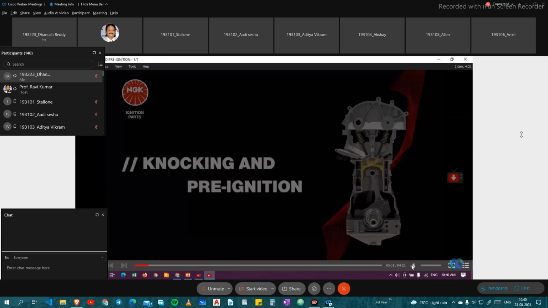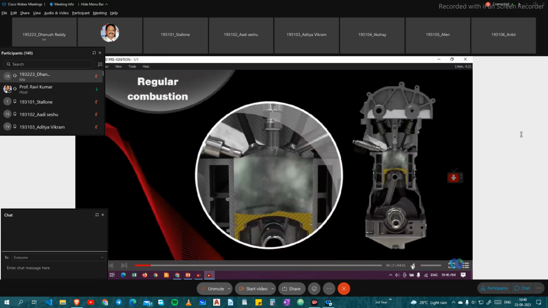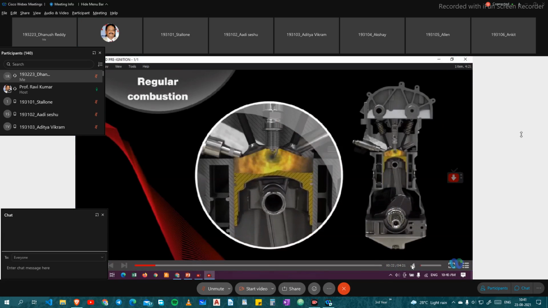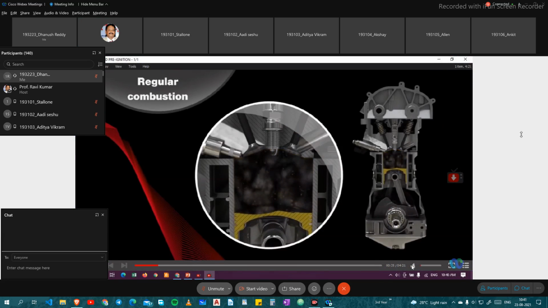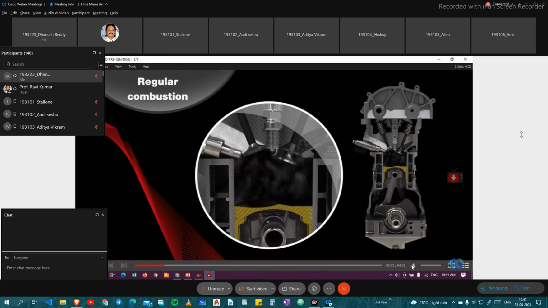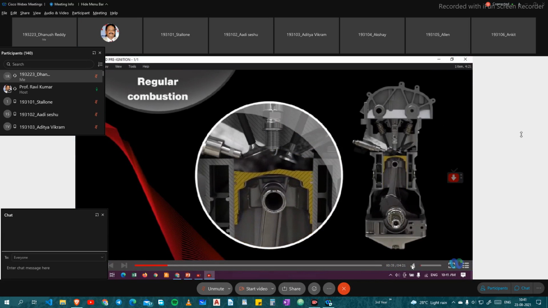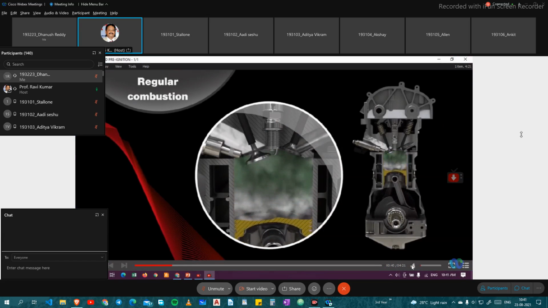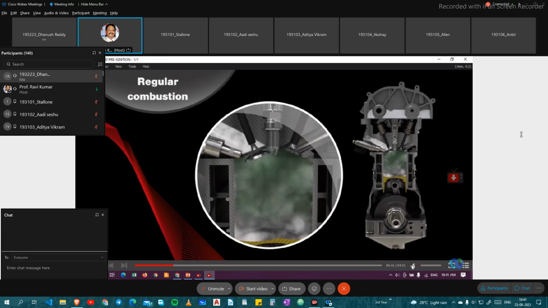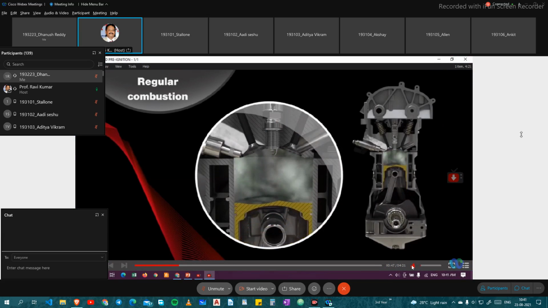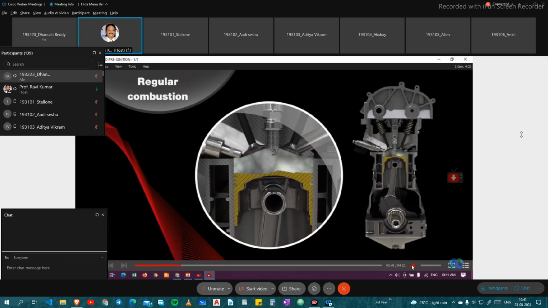The knock and pre-ignition you can also see here. Regular combustion will be seen here. You can see the piston moving to BDC and the exhaust gases being pushed out. Again the inlet valve opens and the mixture enters. At the end of compression you are going to see the spark.